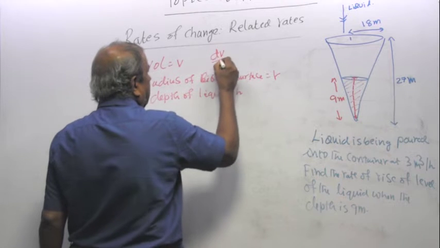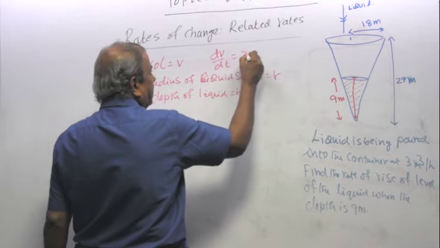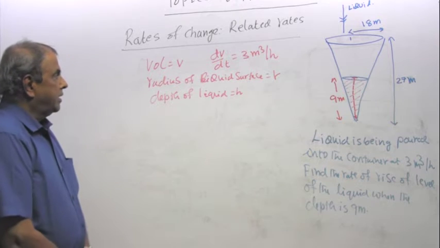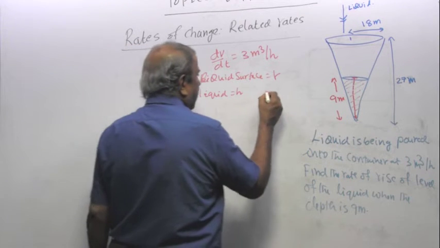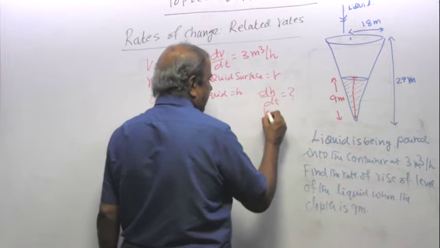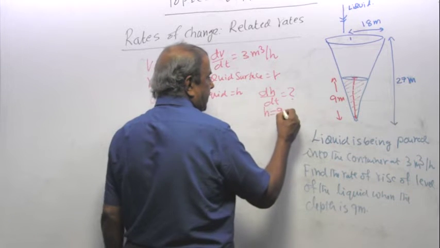So dV by dt equals 3 meter cube per hour. You are asked to find dH by dt when H is 9 meters.